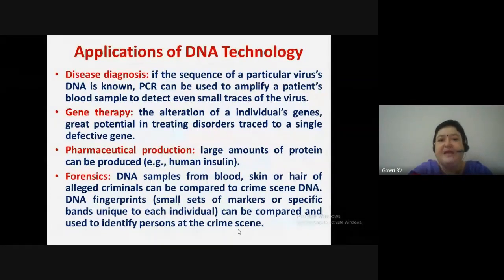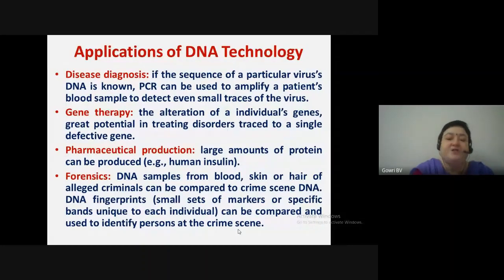I repeat, applications of DNA technology. It is used in disease diagnosis. If the sequence of a particular virus DNA is known, PCR can be used to amplify a patient's blood sample to detect even small traces of the virus. Gene therapy, the alteration of individual genes, has great potential in treating disorders traced to a single defective gene.